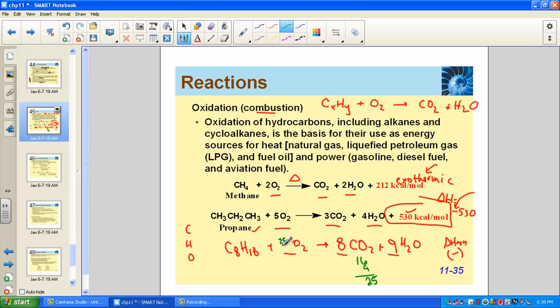Well, there's no way I can have 25 oxygens without a fraction here. So the old trick is to say everything you just fixed, double the fuel, and you can get that to balance quite readily. So the coefficients would become 2, 25, 16, 18 for that complete combustion of a fuel called octane, the main ingredient, of course, in gasoline that we place into our car engines to get them to go.